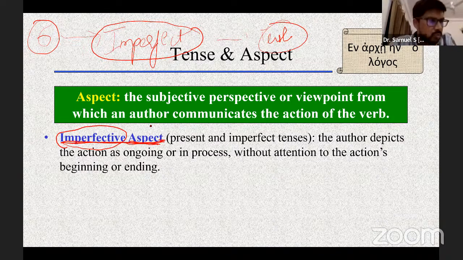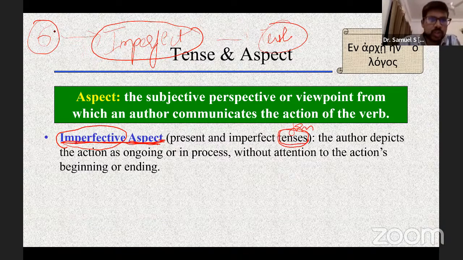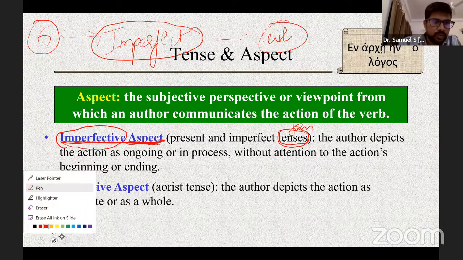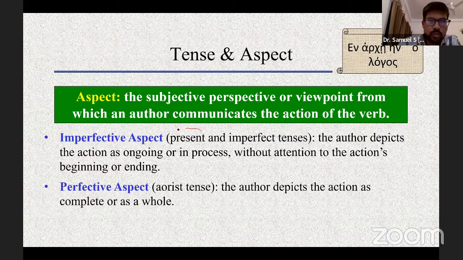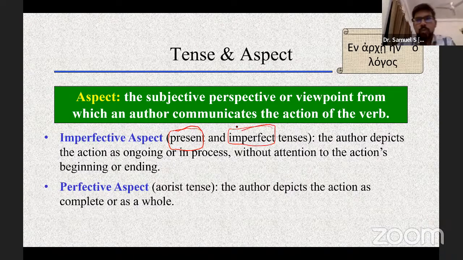It's the subjective viewpoint of the narrator. And 2 tense forms out of the 6 communicate this imperfective aspect. The first tense form which communicates imperfective aspect is present. Second tense form which communicates imperfective aspect is the imperfect tense form.